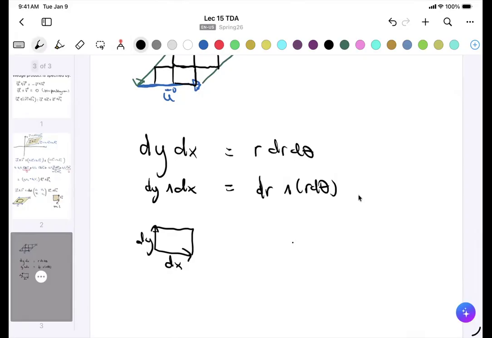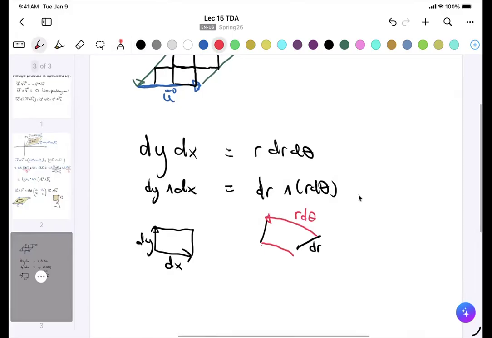so the r would be, when you have polar coordinates, something like this would be the r, and r d theta would be something like this. So if you take the wedge product, of course it's infinitesimal, so it really shouldn't look curved.